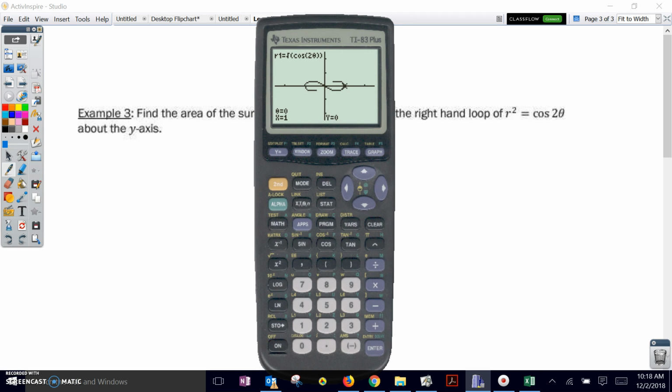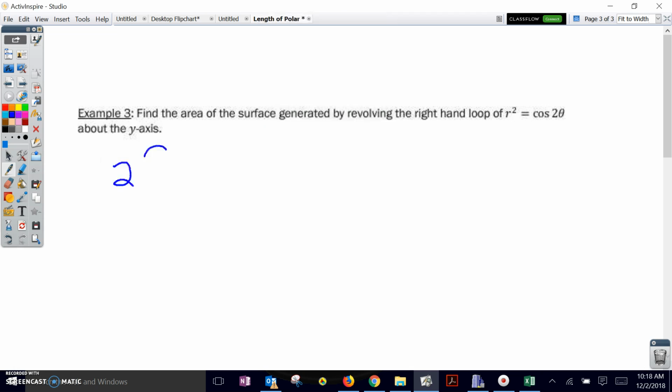So I'm going to take 2 times the integral from 0 to pi over 4. And then I need 2 pi times x, since I'm going around the y-axis.